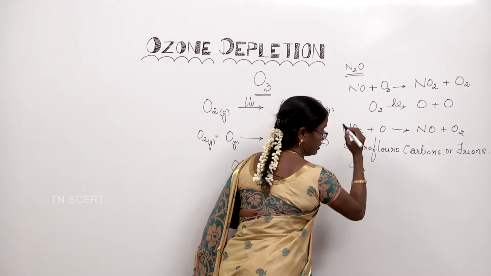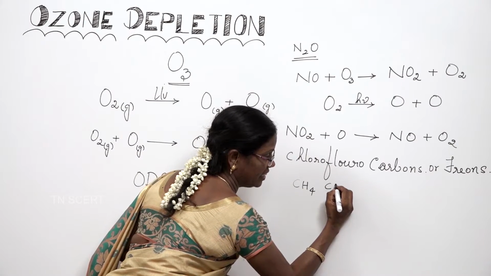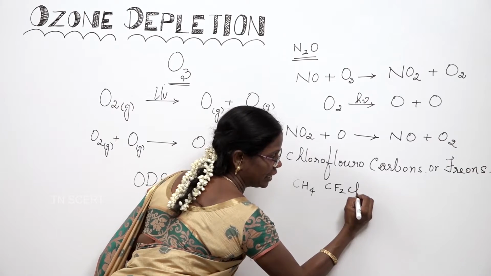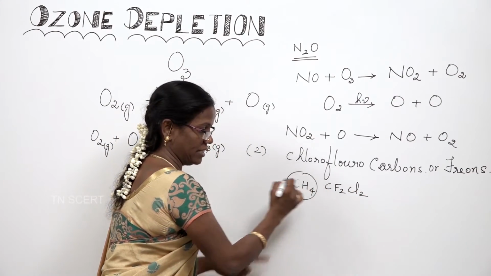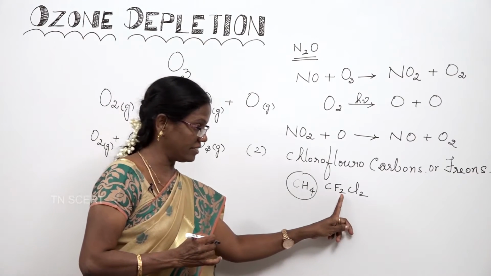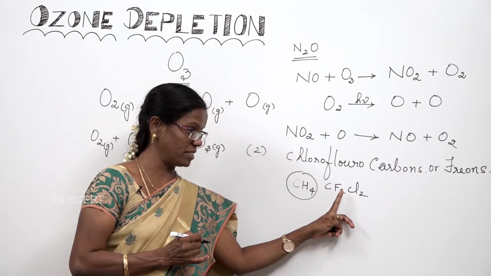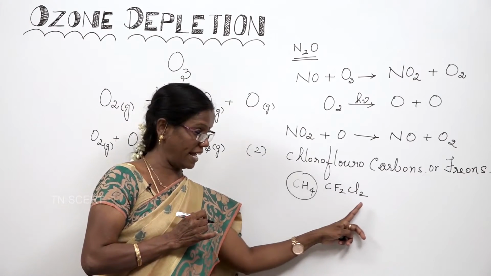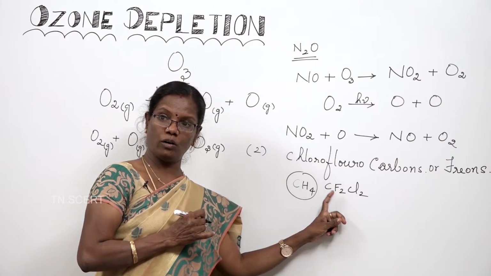See, there are two chlorofluorocarbons. One is CF2Cl2. Instead of 4 hydrogen atoms in methane, there are 2 fluorine and 2 chlorine atoms. We can name this compound as difluoromethane.